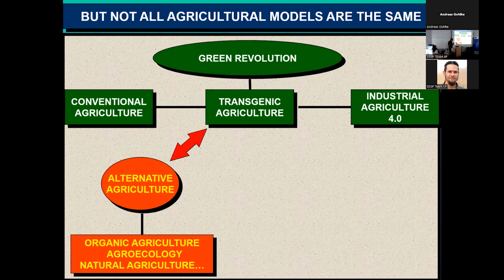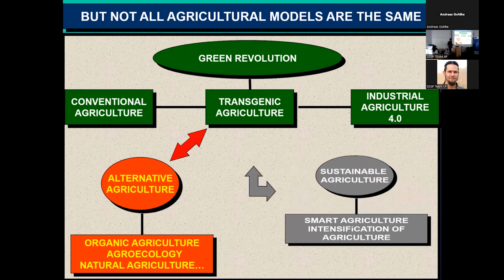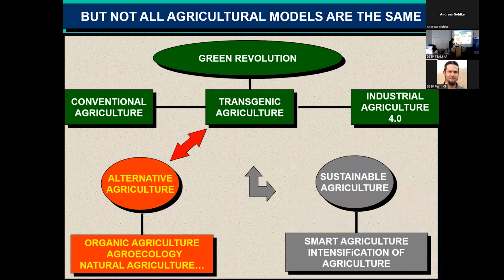And in the medium term, we have sustainable agriculture, which I don't like to talk about because in Argentina, for example, or Brazil, people say they have 40 million hectares of sustainable soybean. So we have problems with this concept.